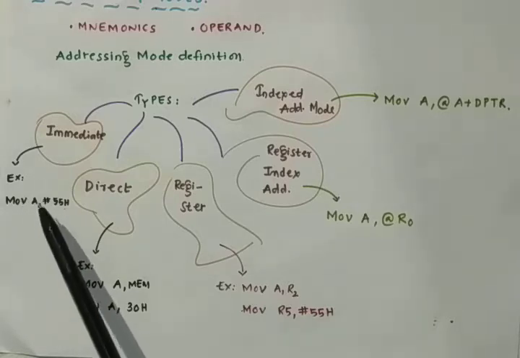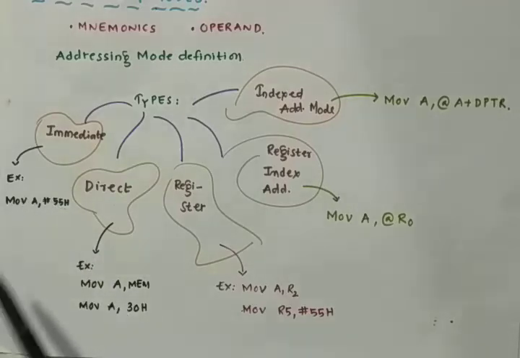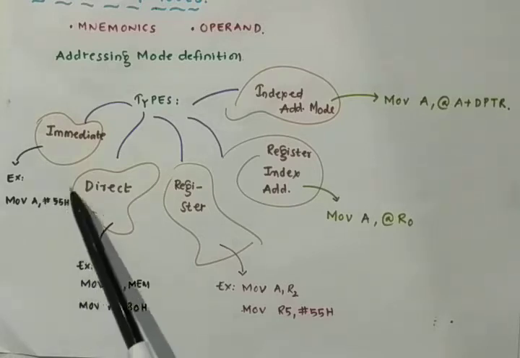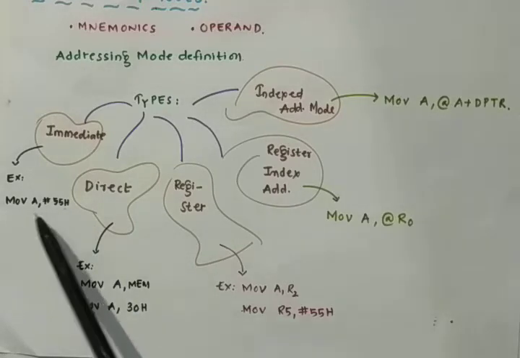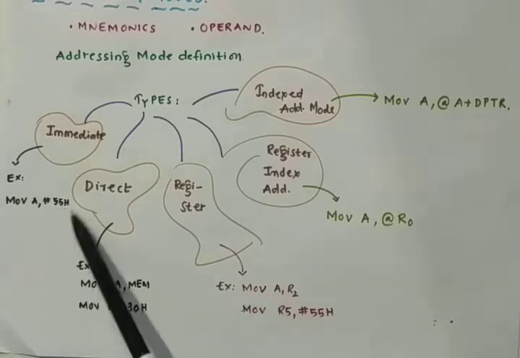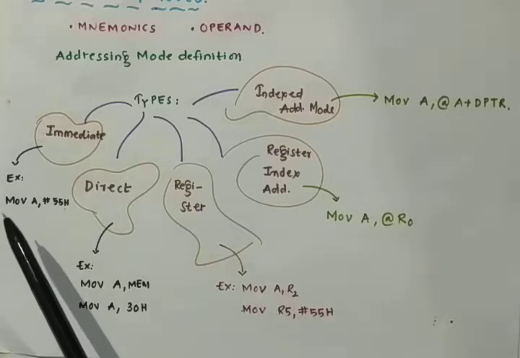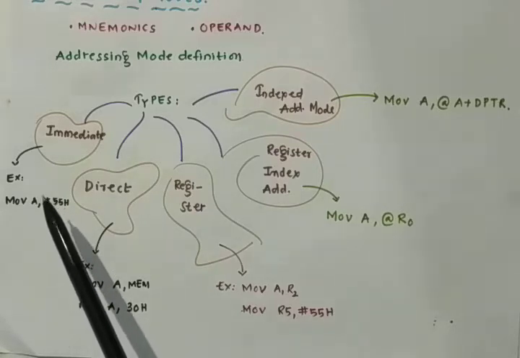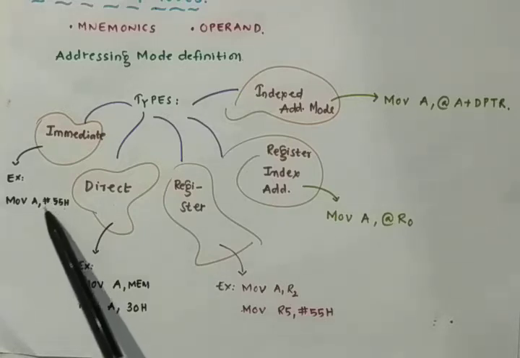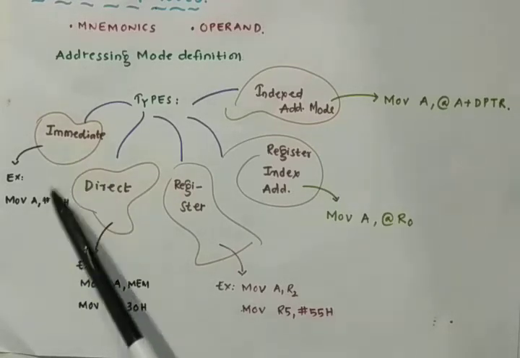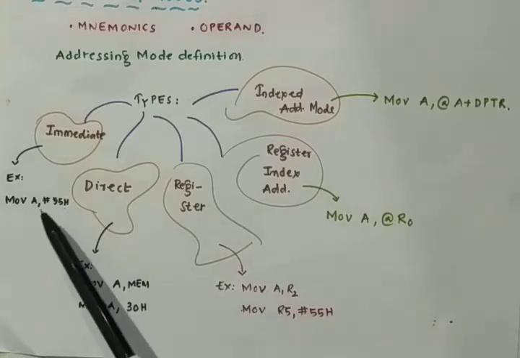In the block diagram or internal architecture of the 8051 that we have studied, the ALU has two registers, register A and register B. Here we will be using register A, so the data 55H, a hexadecimal number, will immediately move into the accumulator register A, because the instruction is MOV. This is how we identify the immediate addressing mode: by seeing this hash symbol, we have to understand that it is the immediate addressing mode.